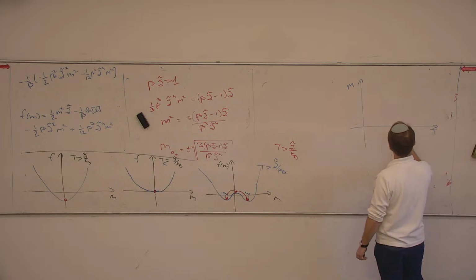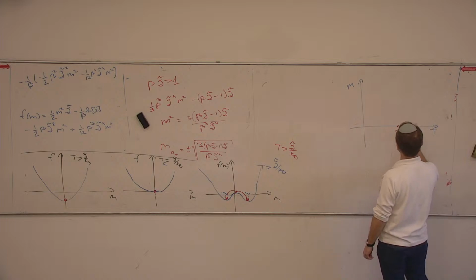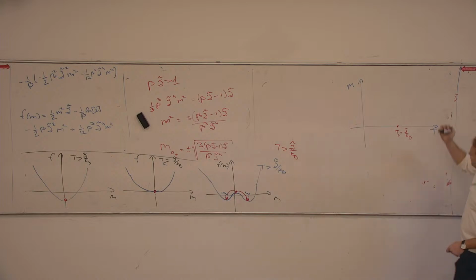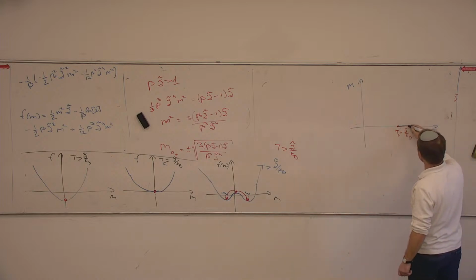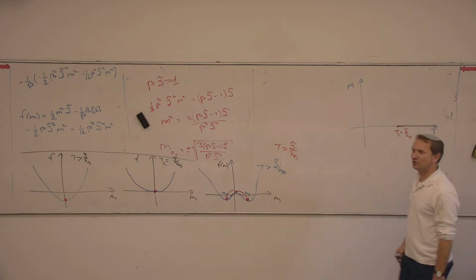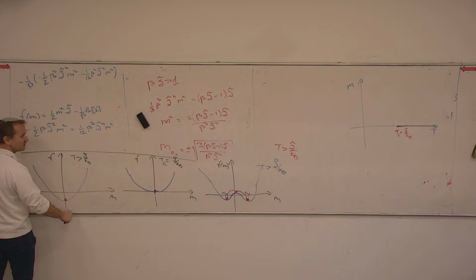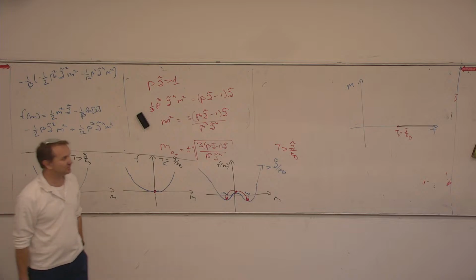Here we have Tc, which is equal to J tilde divided by K Boltzmann. It is 0 for large temperatures, because we have only one single solution, one single minimum.